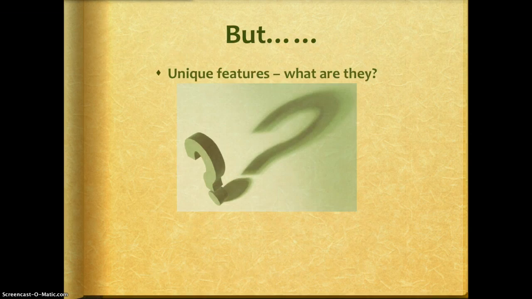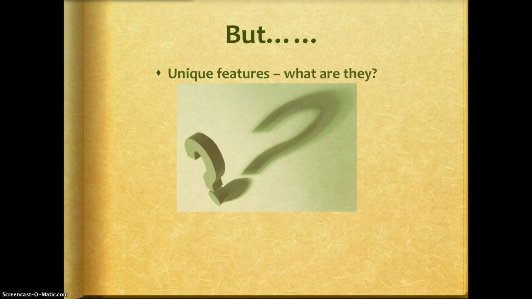However, there are unique features of textbooks. Of course, they're different from textbook to textbook, but there are unique features. So, what are some of them? Well, perhaps you've thought of things such as headings or glossaries, or maybe the visuals that are in textbooks such as pictures or graphics or charts.